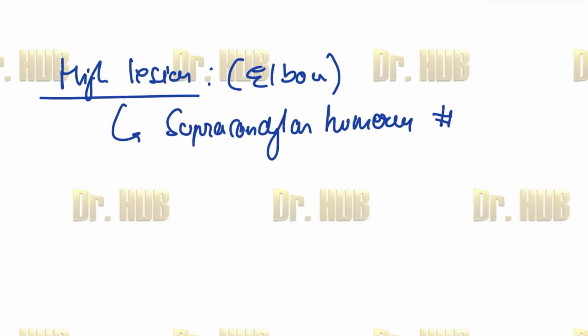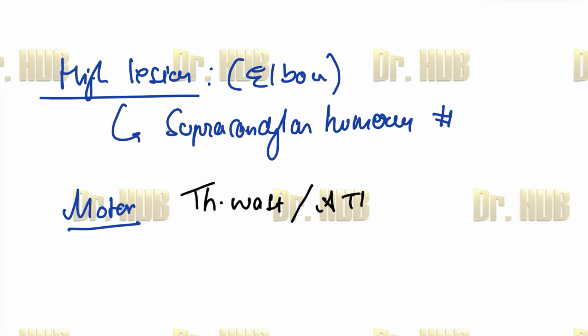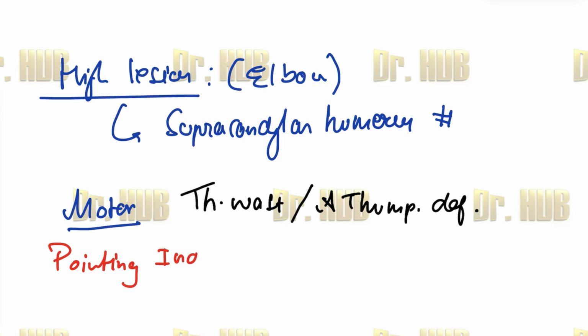Next, moving on with the motor manifestations. This includes thenar wasting. There is also the ape-thumb deformity. Importantly, there is a pointing index, as well as benediction.